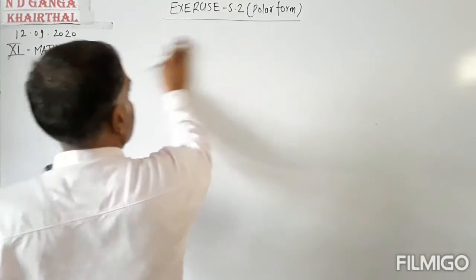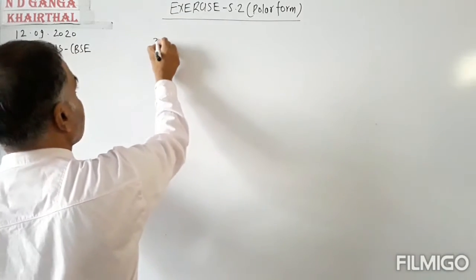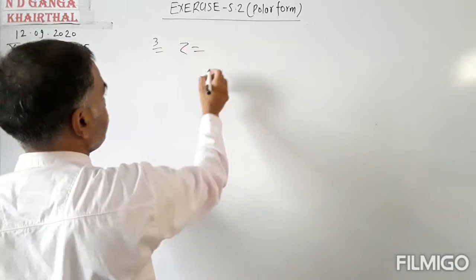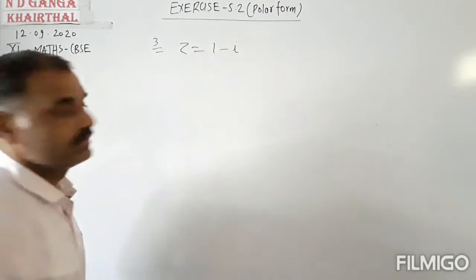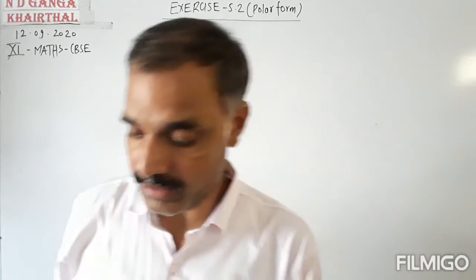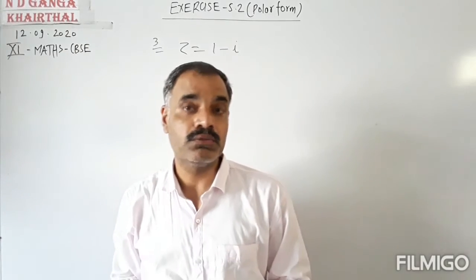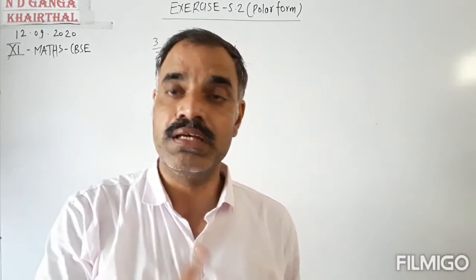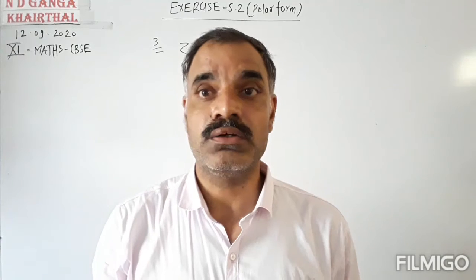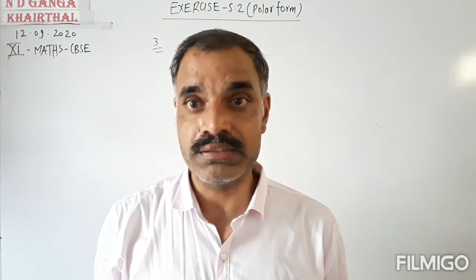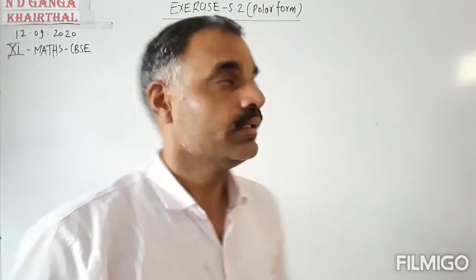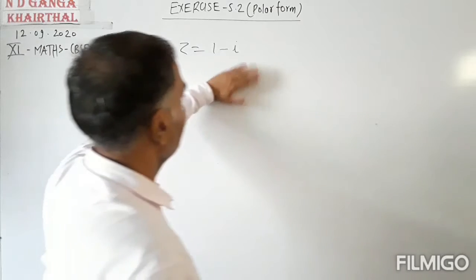The given z is 1 minus iota, and we have to convert this complex number into polar form, just as we converted the complex number into polar form in the example. So z equals 1 minus iota.